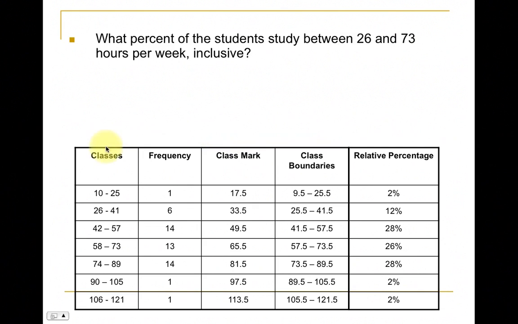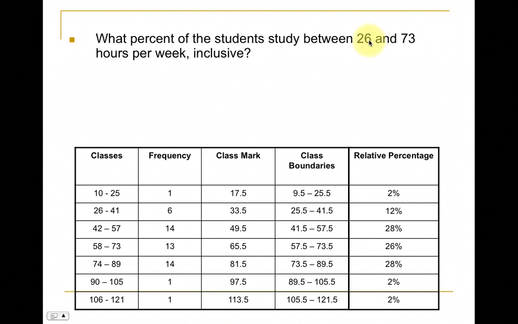So we have to look at their classes, and we see that 26 is the lower limit of the second class, and 73 is the upper limit of the fourth class. And if we didn't see 73 as the upper limit of some class, or if we didn't see 26 as the lower limit of some class, then we probably did our work incorrectly, because we wouldn't be able to answer this question based on the frequency distribution table.